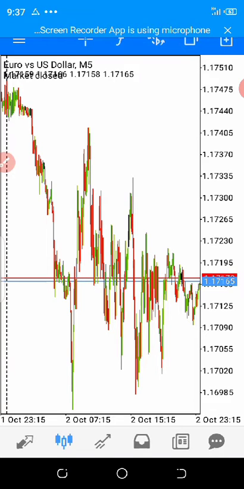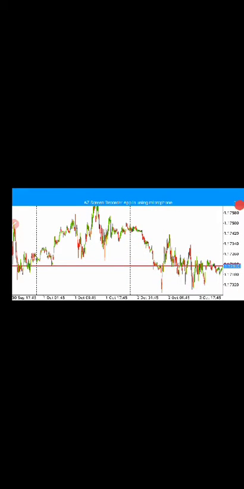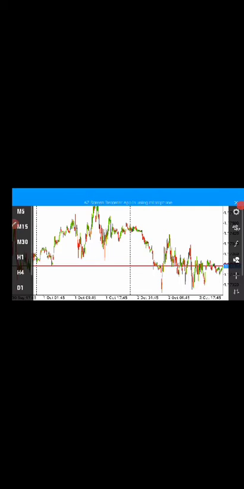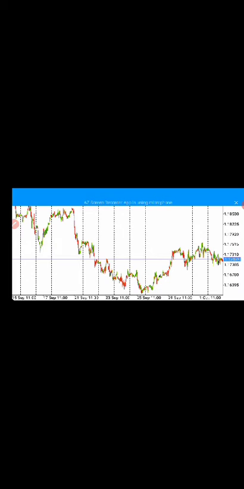So let me turn my screen so we could be on the same page. Perfect. Okay. Let me go to 30 minutes time frame. On this chart, I'm on Euro USD 30 minutes time frame.